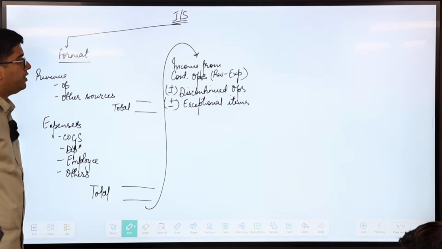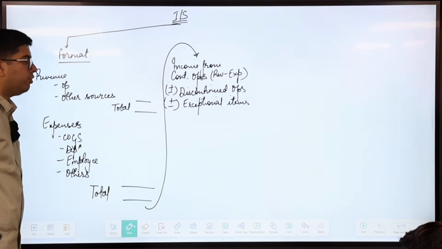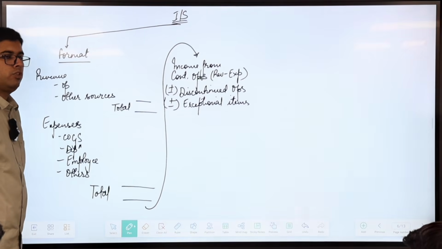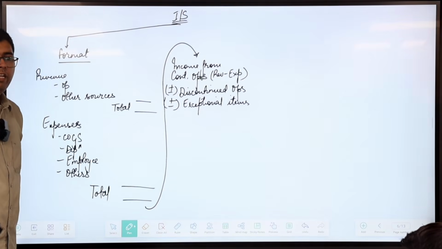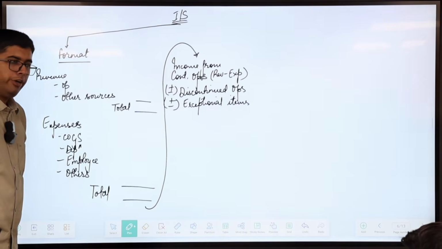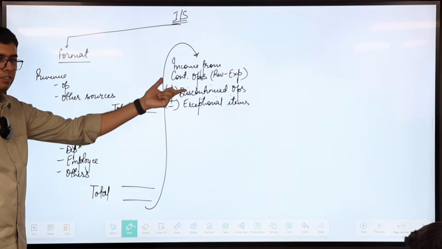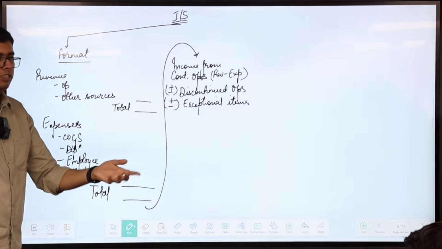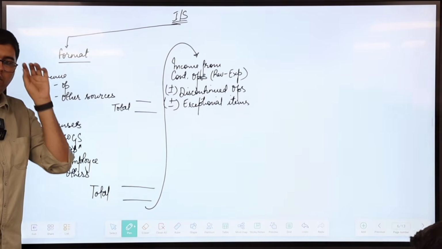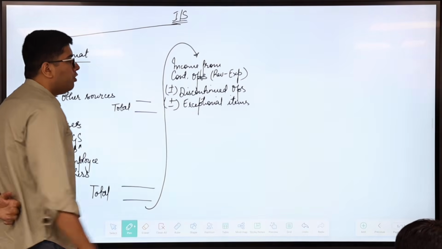So some business divisions or segments that you have shut down in the previous years, but you still have some contractual warranties or any other obligations to honor, due to which, even though you're not currently operating this business segment, you may still have some income or expense which relates to this business. So they will be reported as discontinued operations.